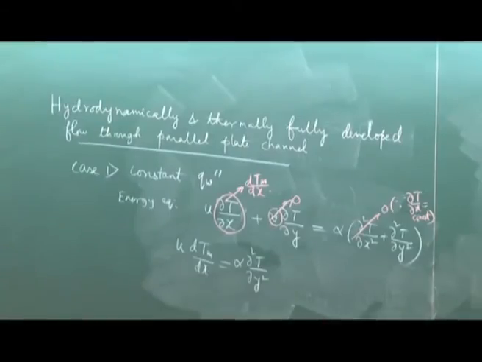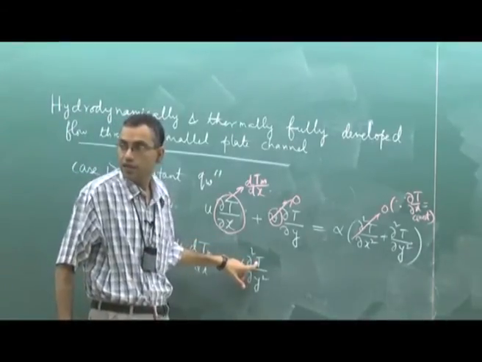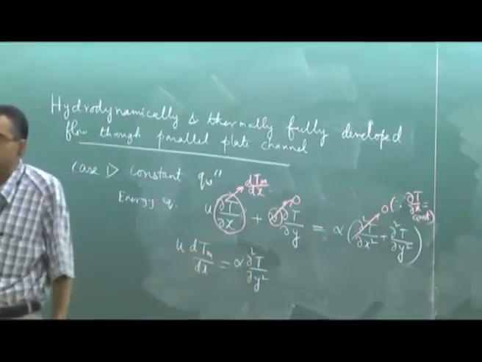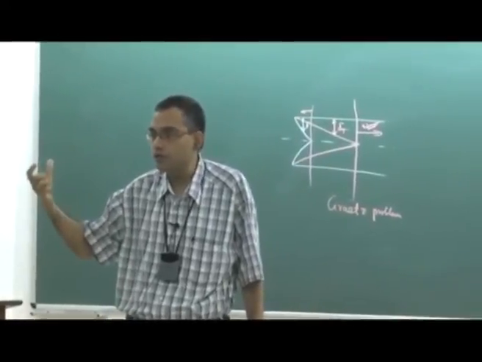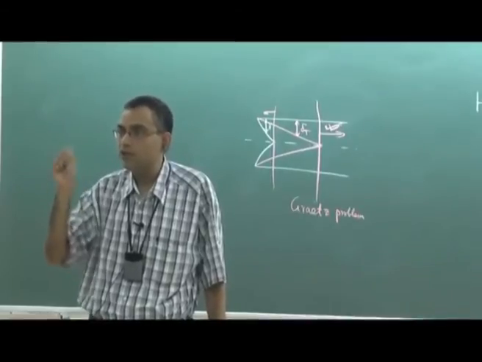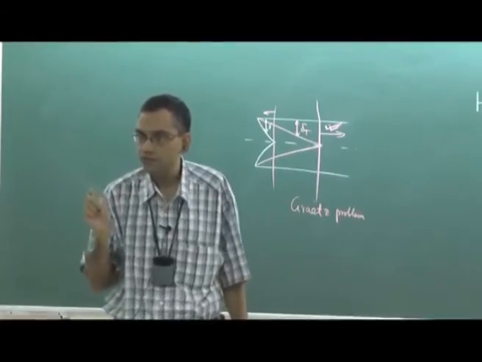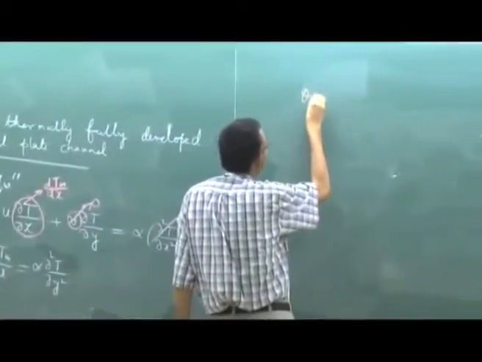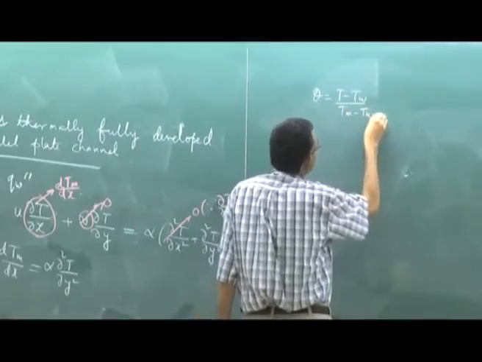Now we will change these variables from T to theta, the non-dimensional temperature, which does not vary with x anymore for thermally fully developed flow. Why do we want to change the variable? Because T is a function of both x and y, but for thermally fully developed flow theta is only a function of y but not a function of x. So theta is T minus T wall by Tm minus T wall.